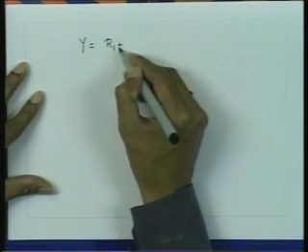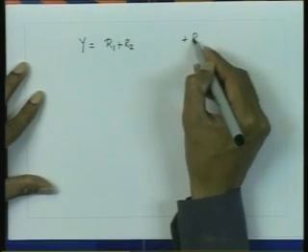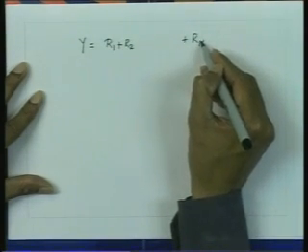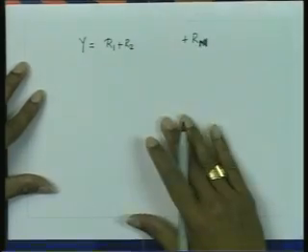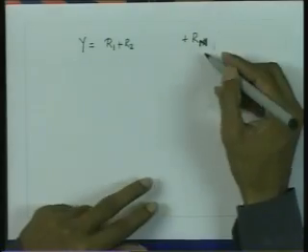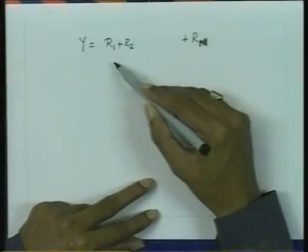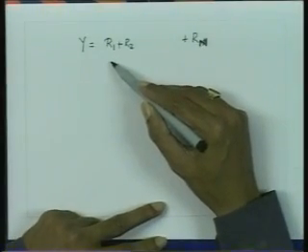One approach could be this: let Y be R1 plus R2 plus up to Rm.